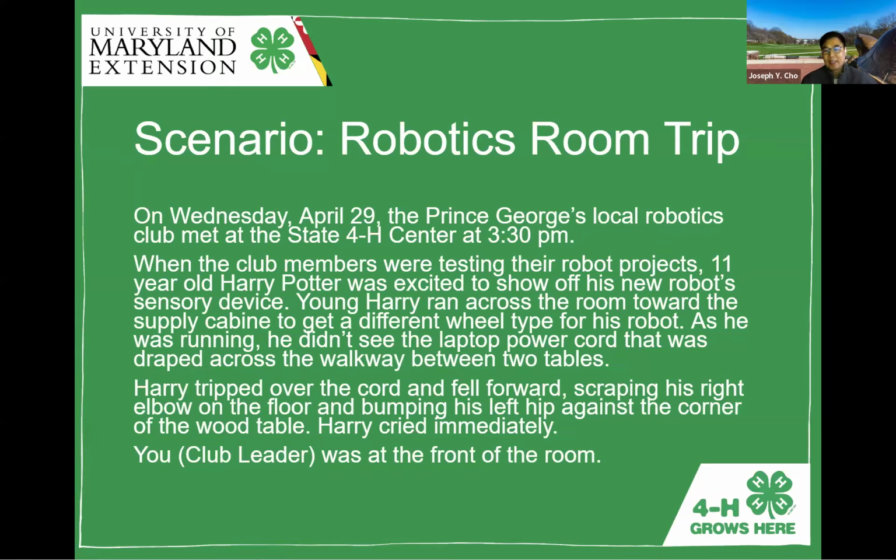As he was running, he didn't see the laptop power cord that was draped across the walkway between two tables. Harry tripped over the cord and fell forward, scraping his right elbow on the floor and bumping his left hip against the corner of the wood table.